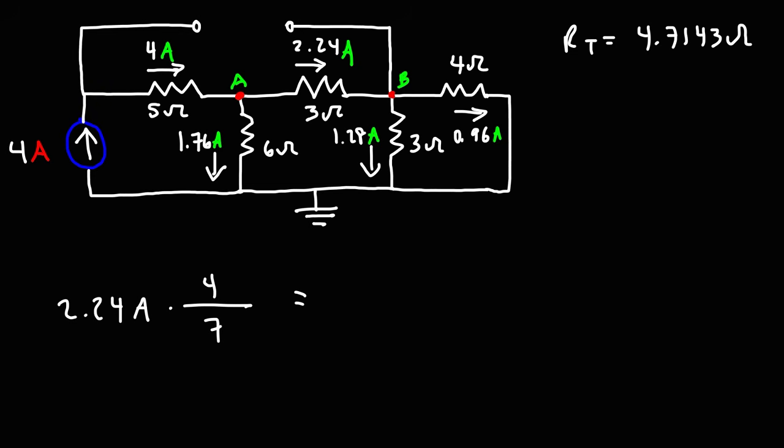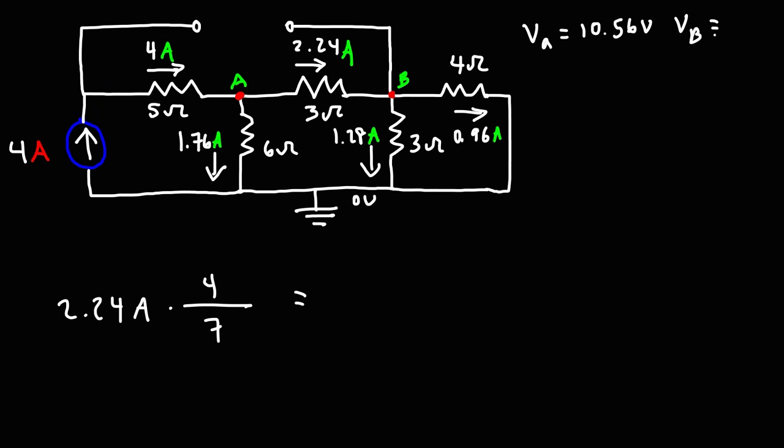So at this point, we have everything that we need to calculate the potentials at point A and B. So to calculate the potential at point A, where the ground is set to 0 volts, it's just going to be 1.76 times 6. So the potential at A with respect to ground is 10.56 volts.